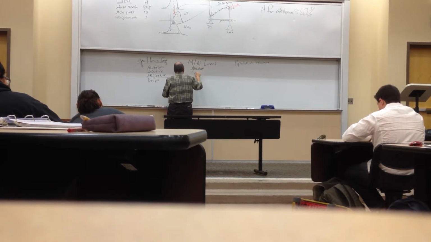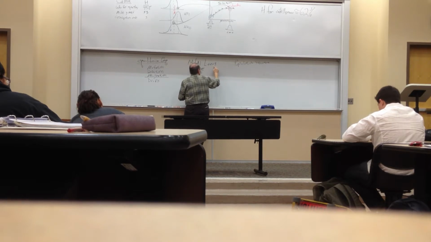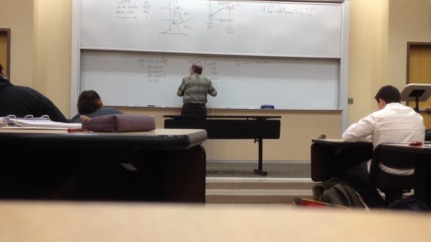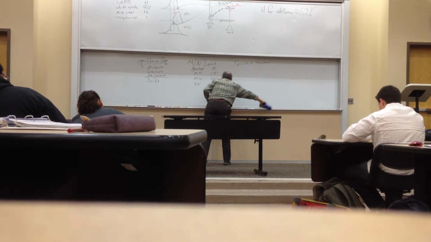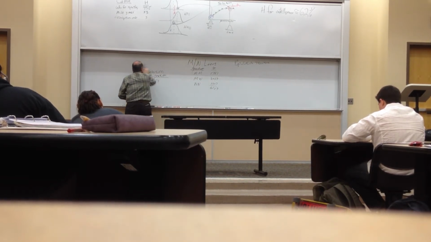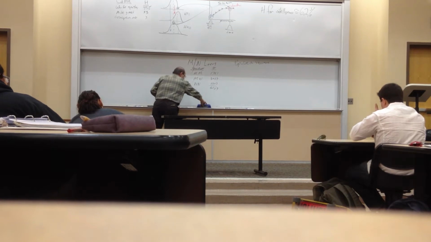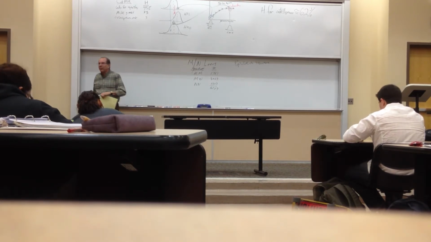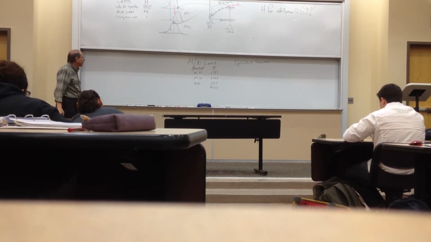So we're going to look at the genotypes MM, MN, NN: 1787, 3039, 1303, total 6129. That's the population structure of the MN locus for 6,000 and some people.